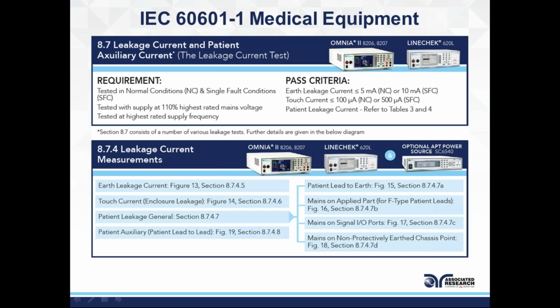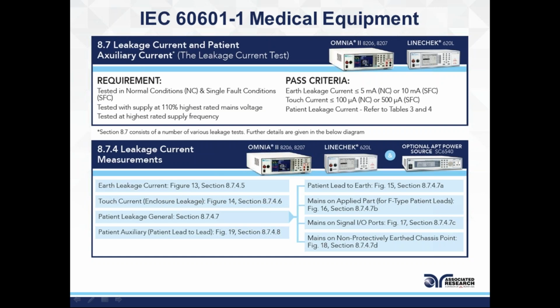So I mentioned the standard 60601, but here's a reference guide to where these requirements come from. If you look at clause 8.7, leakage current and patient auxiliary current testing, it asks you to run some single fault conditions and a normal condition to simulate these different switchings that may happen, where a ground is broken off or neutral is opened up or polarity may be reversed.